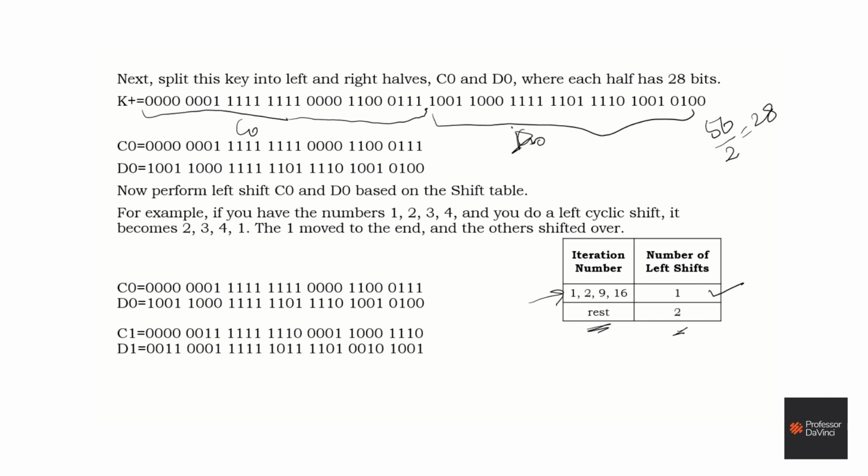For example, take C0 and D0. The first 0 moves to the end, and we yield C1. This is the result of the first iteration, a left shift of 1 bit. Similarly for D0, the first 1 moves to the end.